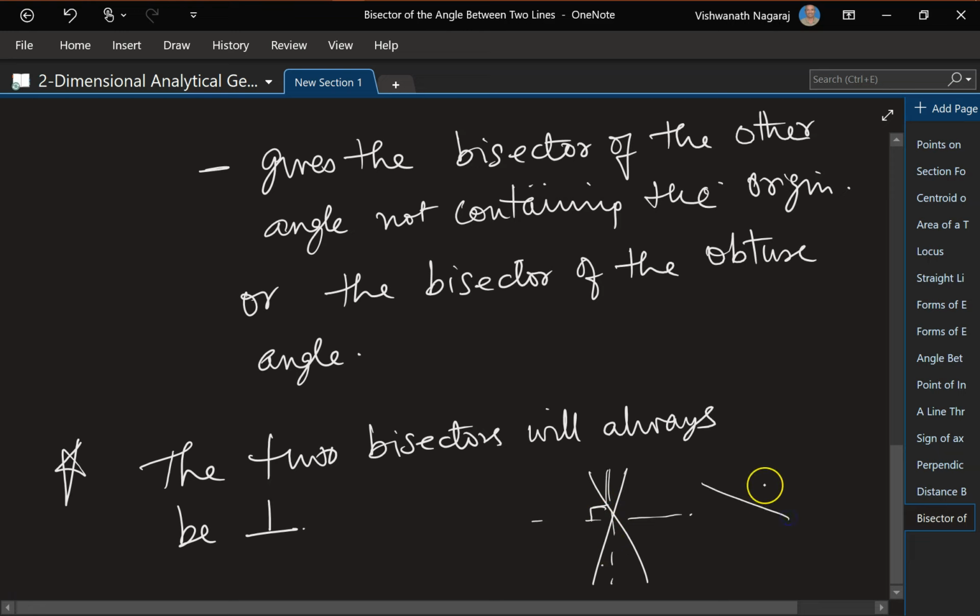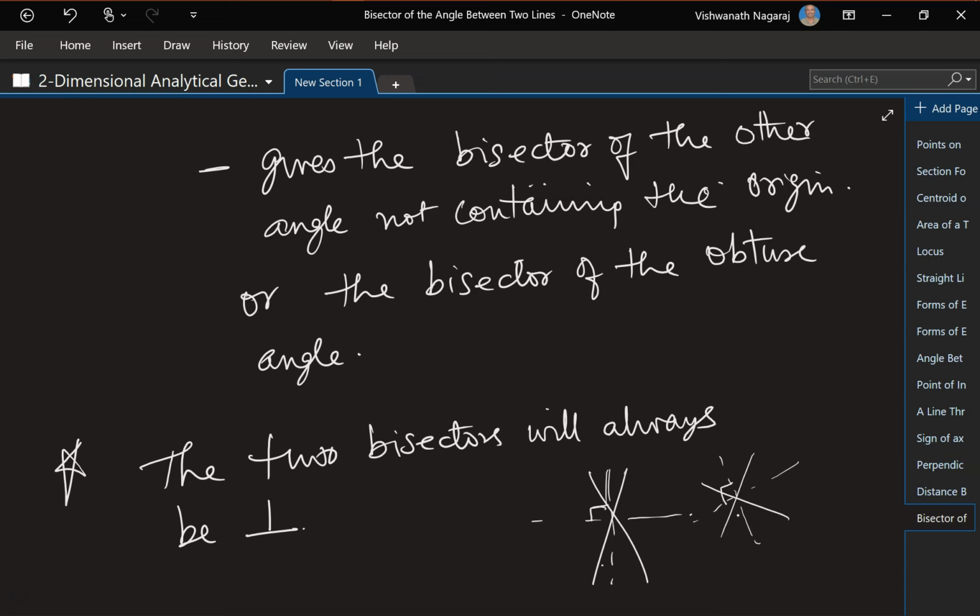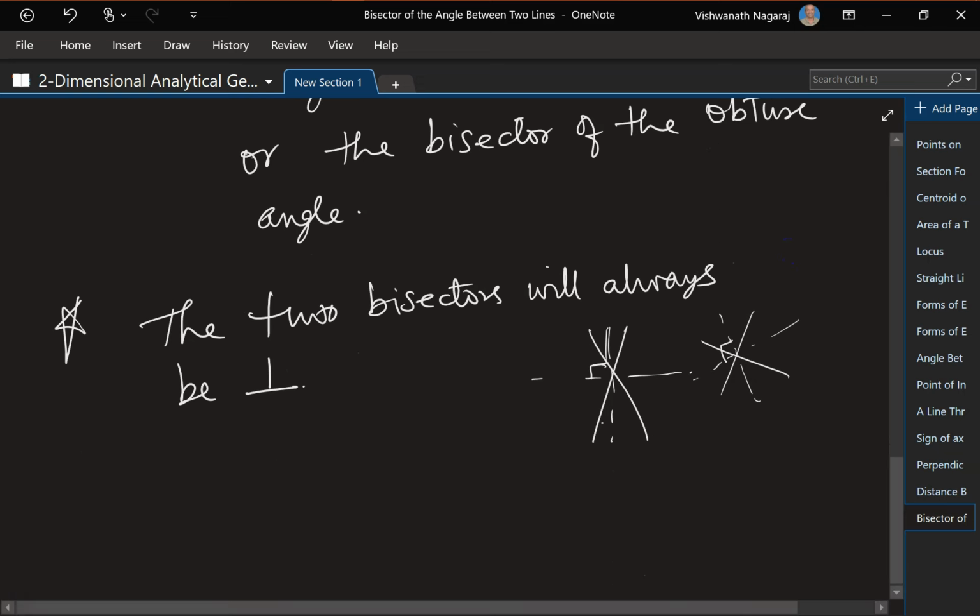Let's take perpendicular lines. Then if we do this and do this, this will always be perpendicular. So try out with some such bisectors and you will realize that they are always perpendicular.